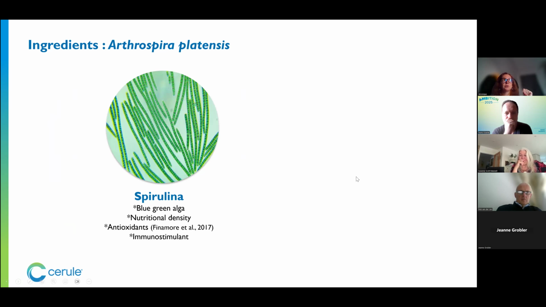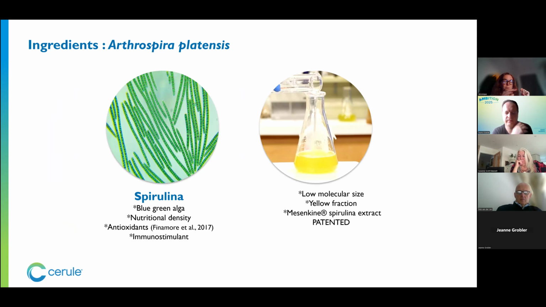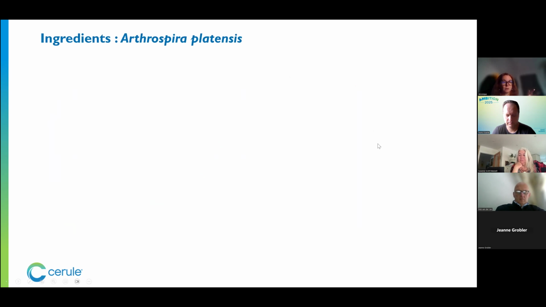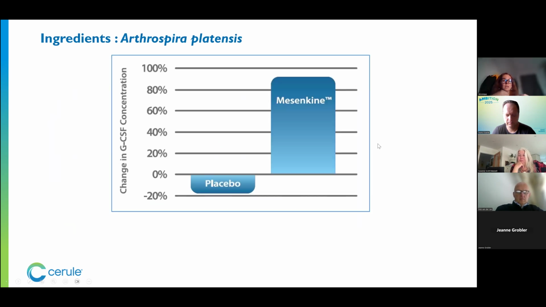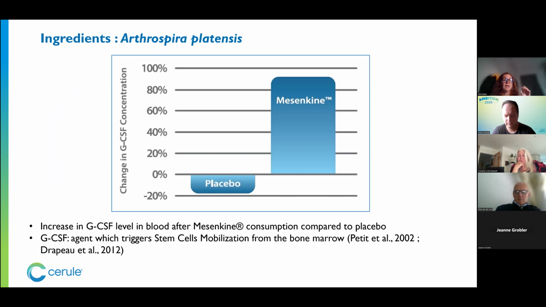And the third stem cell mobilizer is a spirulina extract, especially the yellow fraction called Mesenchyme. It's a low molecular size fraction. And this yellow fraction will increase the concentration of G-CSF, which is the signaling molecule that triggers the release of stem cells from the bone marrow.